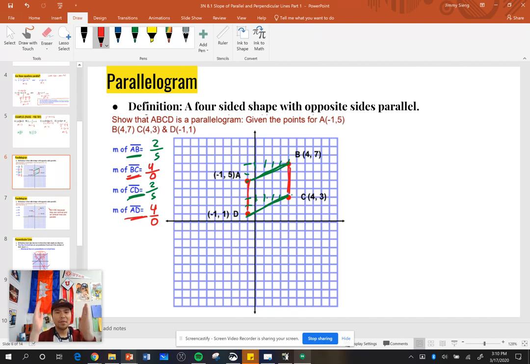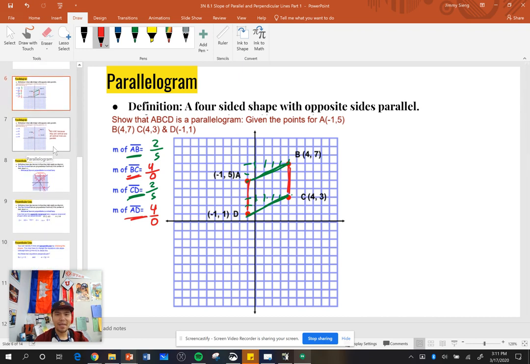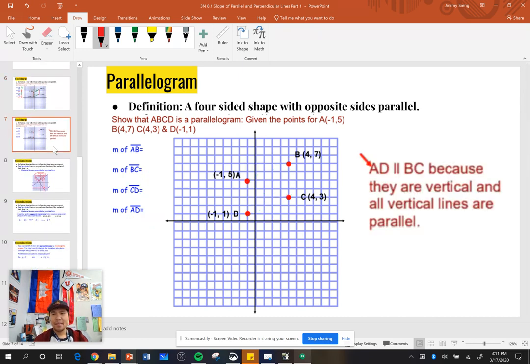No slope is going to be your vertical line. So we could say those are no slopes because you can't divide by 0, right? You could ask Siri on your iPhone, your fancy doohickey, and you'll see that you can't divide by 0 either, okay? So again, we could say that AD is parallel to BC because they are vertical and all vertical lines are parallel. Sound good?